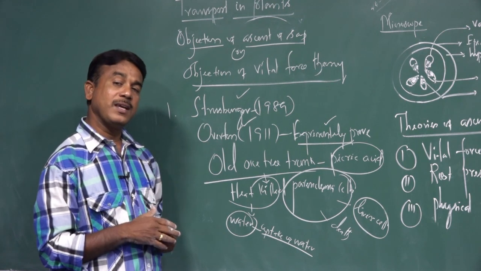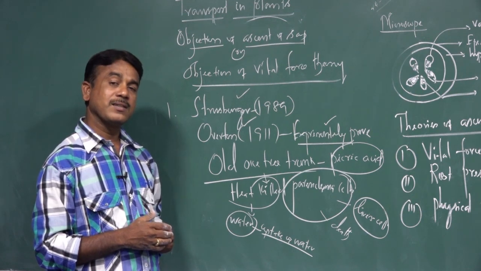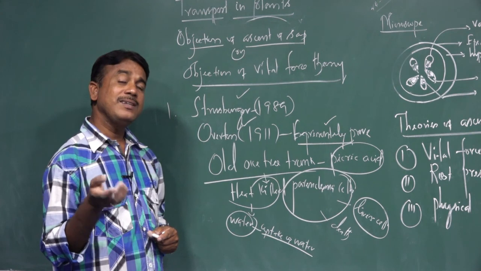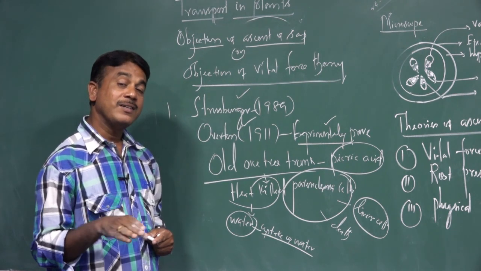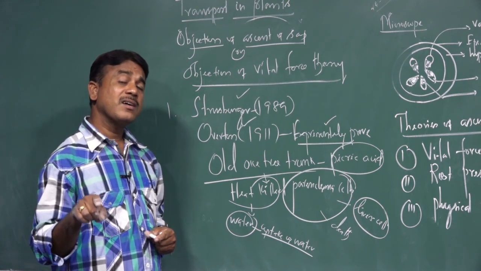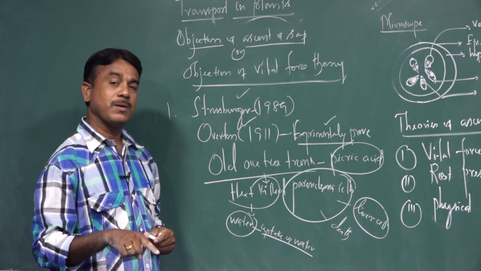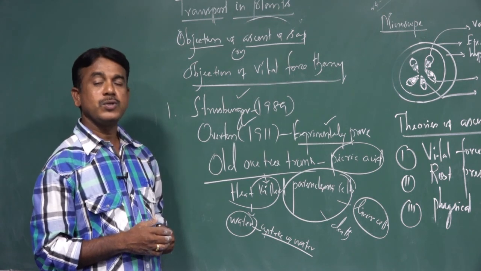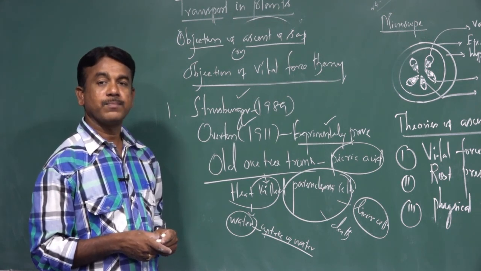But the objection is that the pumping of living cells occurs between the xylem elements, not laterally. The cells occur vertically, and they carry out the process of ascent of sap, that is, uptake of water and mineral salts. These two are commonly called the objections to the vital force theory. Thank you.